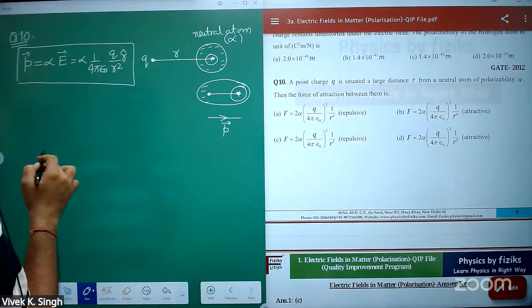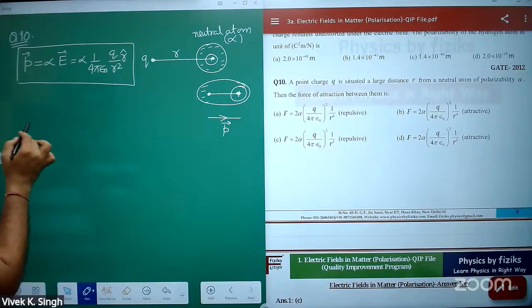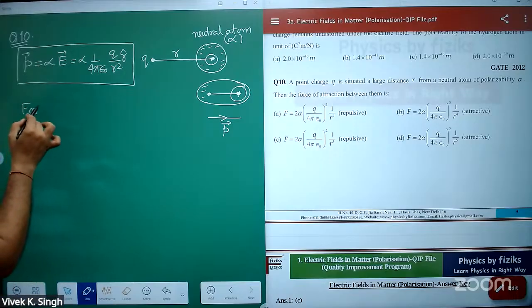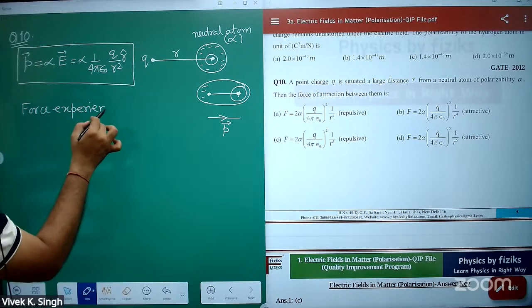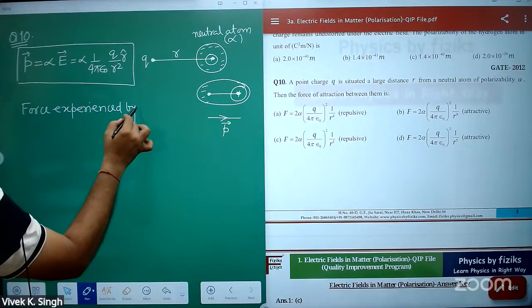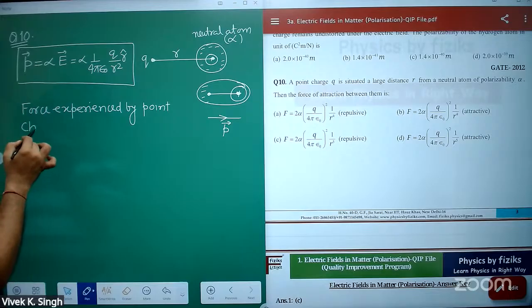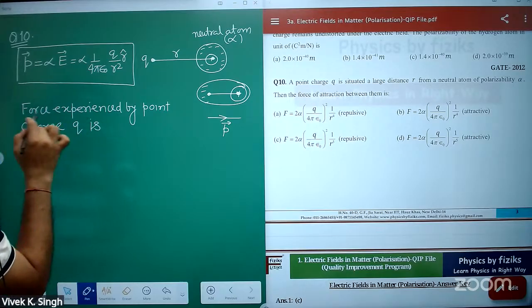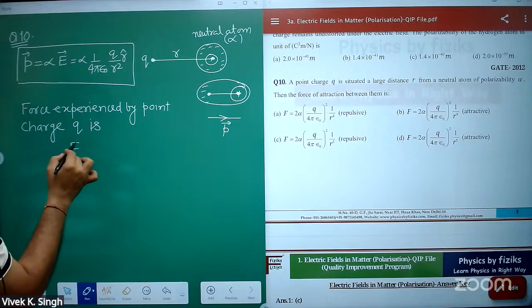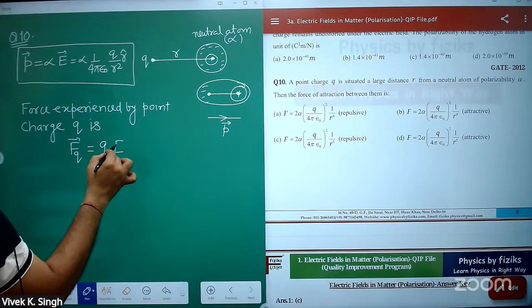So the force experienced by the point charge Q is given by Q into the field due to the dipole.